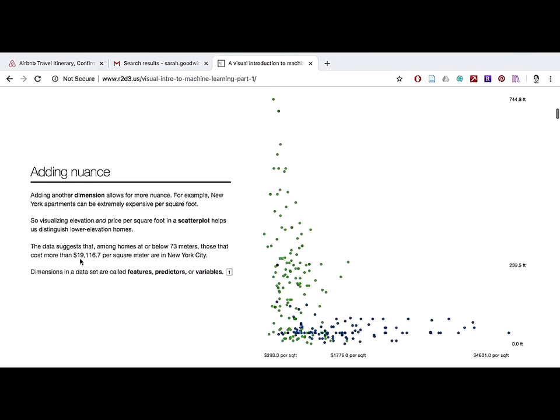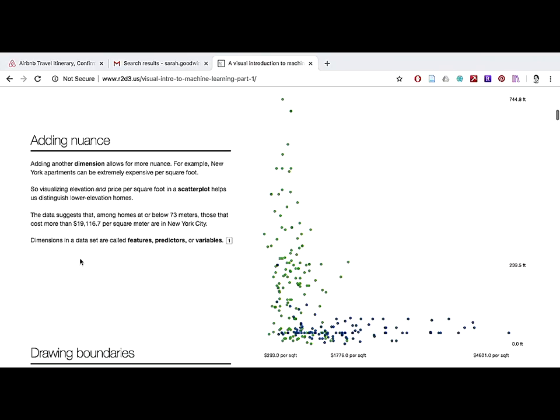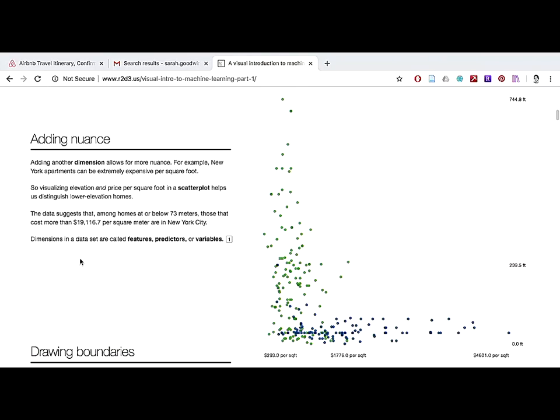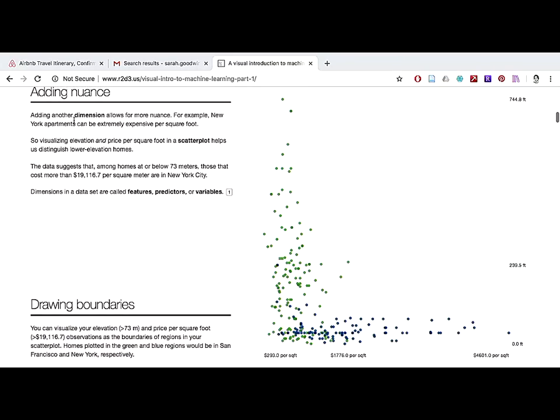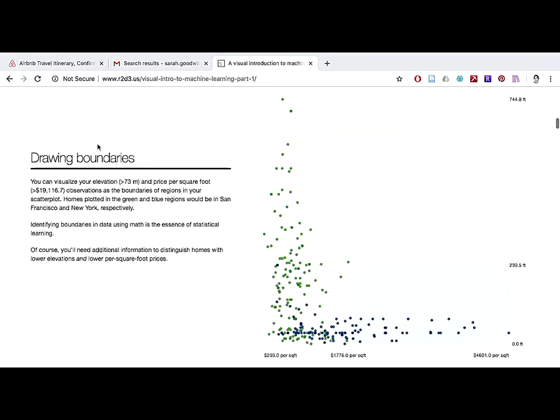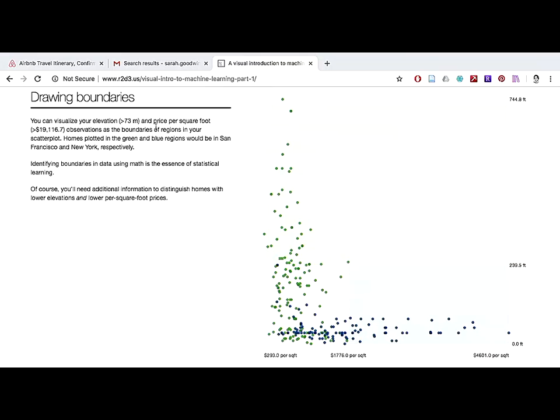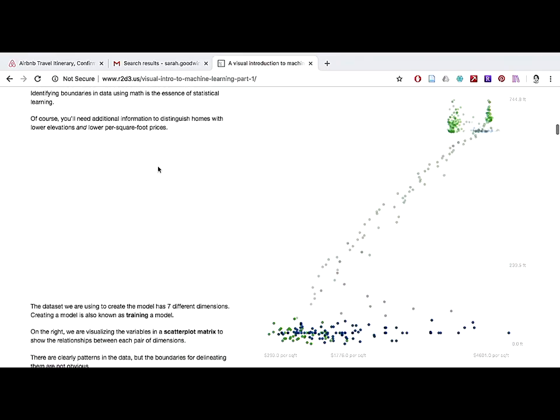Then we have our little scatter plot based on elevation and price. I think there were two features, extremely expensive per square foot, and this is the scatter plot to indicate it, and we have these different boundaries to associate price and meters.